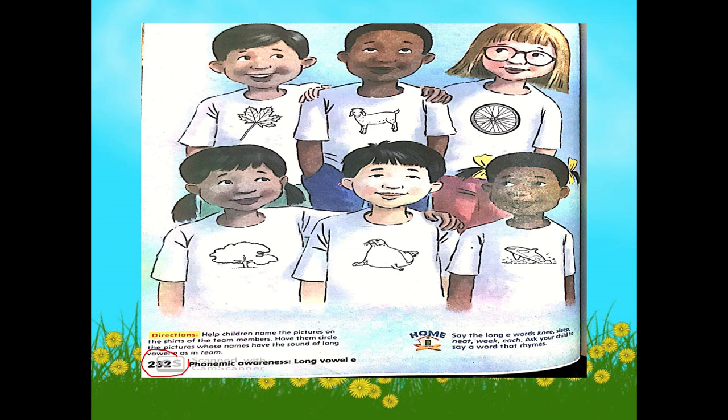The word team has the long sound of the letter E or the E sound. Now look at their shirt. There is a picture on their shirt. I am going to name the picture on their shirt and then color the picture that has the long E sound. Take note, E in the word team.